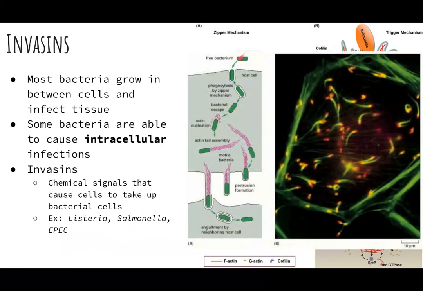This is showing specifically Listeria monocytogenes and how it causes an infection. It produces invasins which cause the cell to take up the bacteria, then it escapes the vesicle that it's taken up in, and then it's going to trigger the formation of what are called actin tails, which you can see in this picture here.